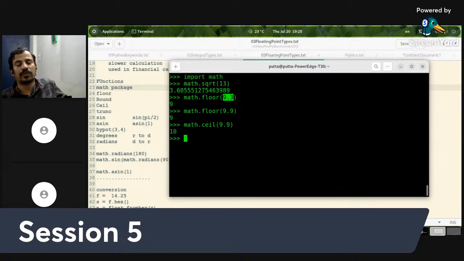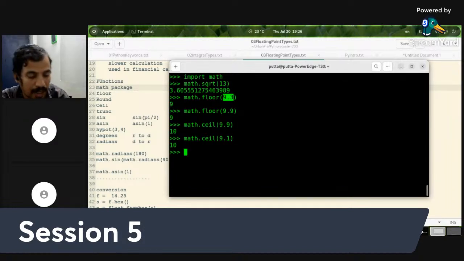If you want to find the smallest integer closer to a particular float value, you use the floor. If you want to find the closest integer that is larger than the float value, we use the ceil function. Even if I give math.ceil of 9.1, it gives me 10.